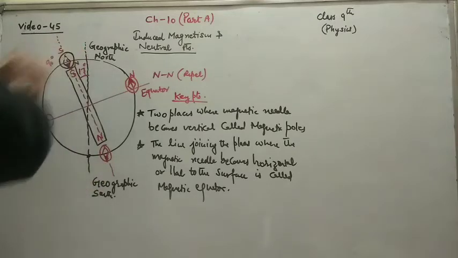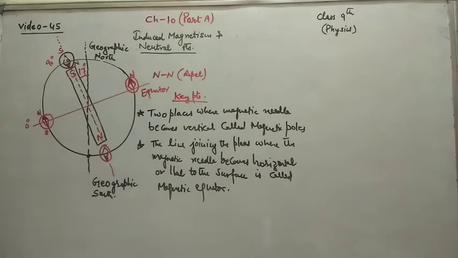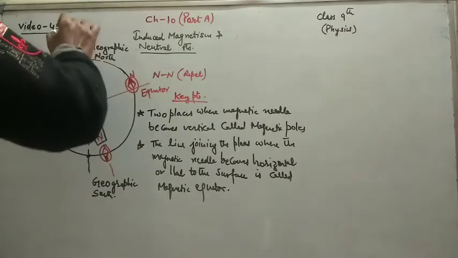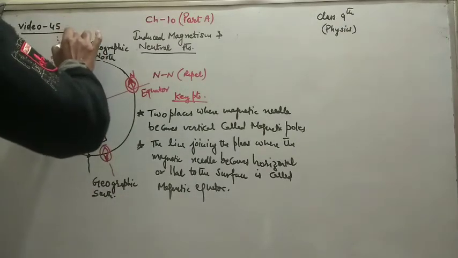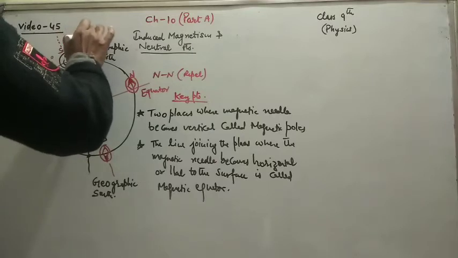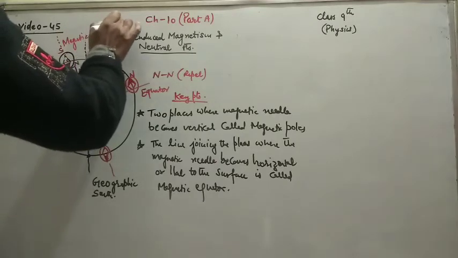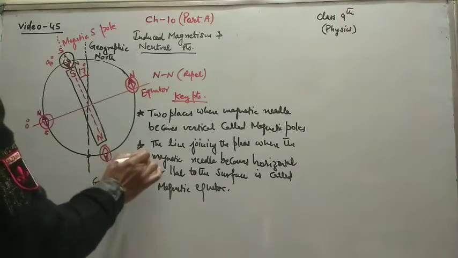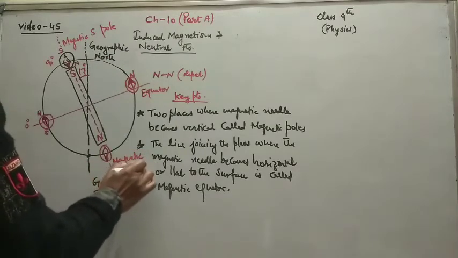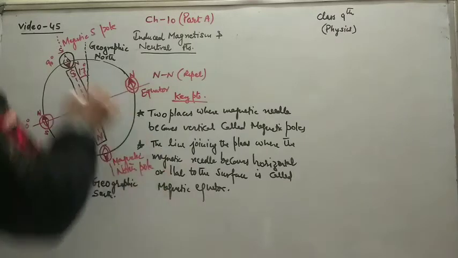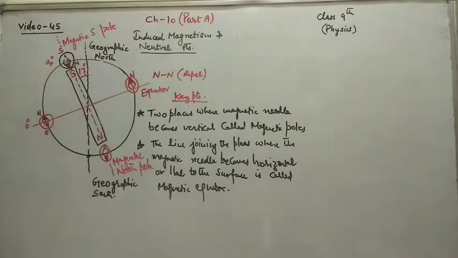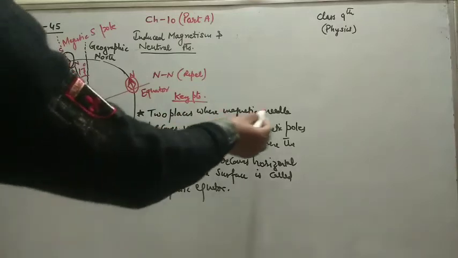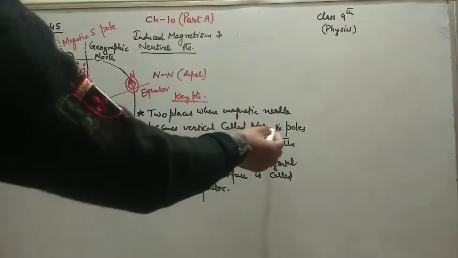This is the magnetic north pole and this is the magnetic south pole. So you can write here, this is the magnetic south pole, and here is the magnetic north pole. One axis is passing, this is called the magnetic axis.